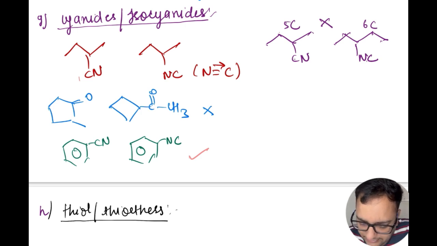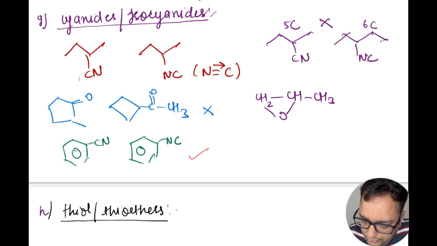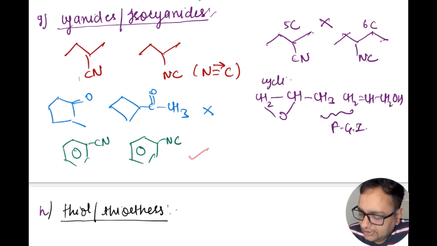Next we have one more type, ethylene. We have CH and CH2, then O, then CH3, then CH2 double bond CH and CH2 OH. So these are also functional group isomers. This is the cyclic ether.